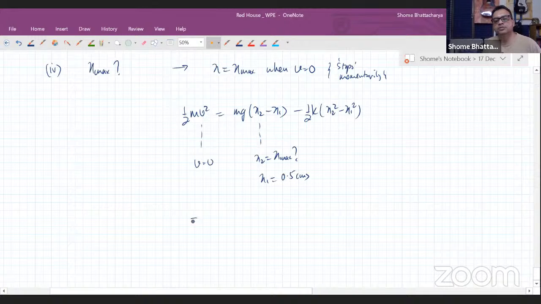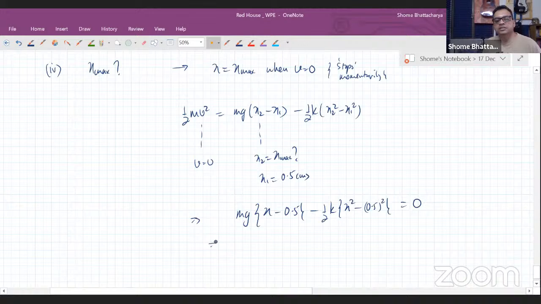So when we substitute, we'll get mg into x maximum minus 0.5 minus half k into x maximum square minus 0.5 square. This should be 0.